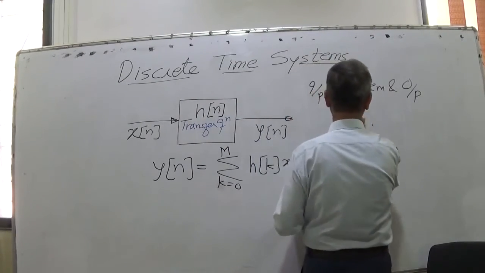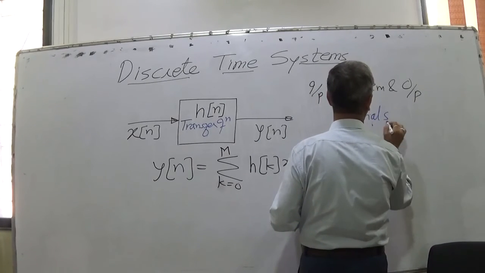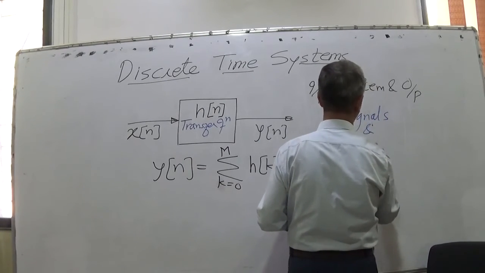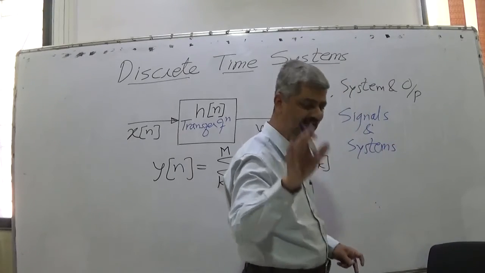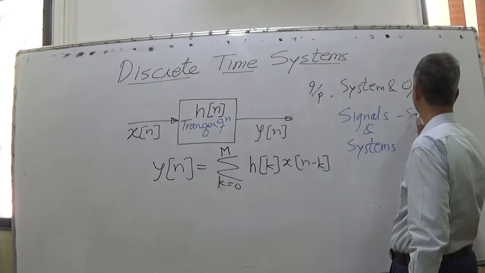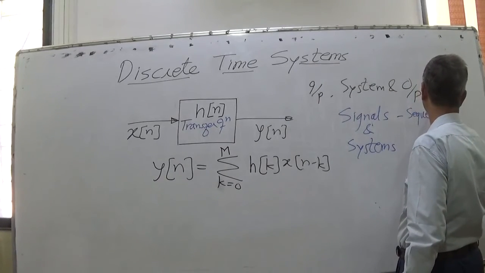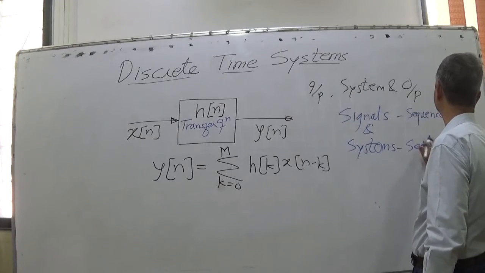What is the name of the subject? Signals and systems. When we come to discrete, the signal becomes a sequence and the system also becomes a sequence.